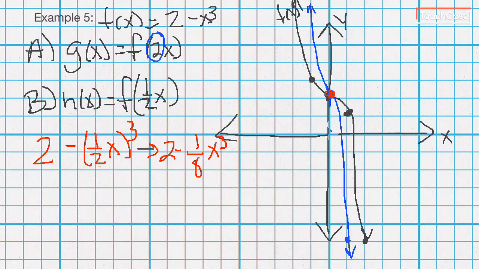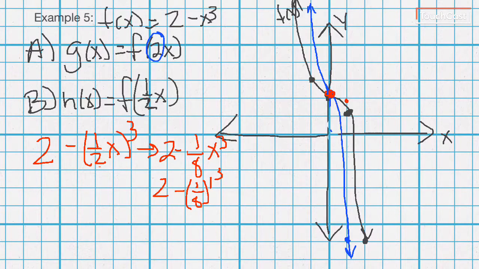What's going to happen now is if we put 1 in, 1 cubed is 1. 1 times 1/8 is 1/8, and if we subtract that from 2, we're going to get 1 7/8. So almost 1, 2.